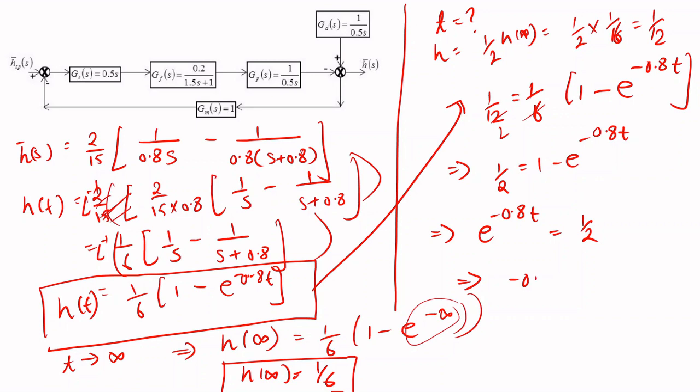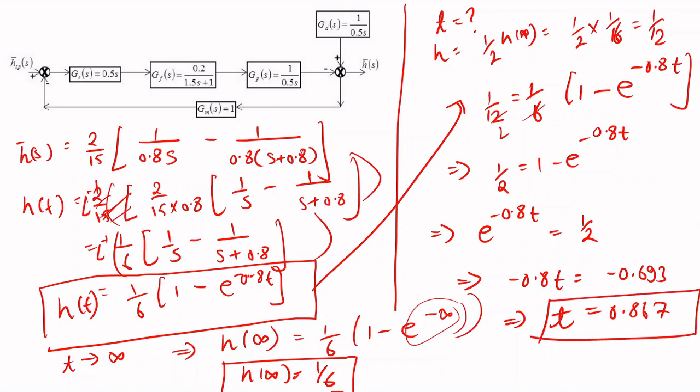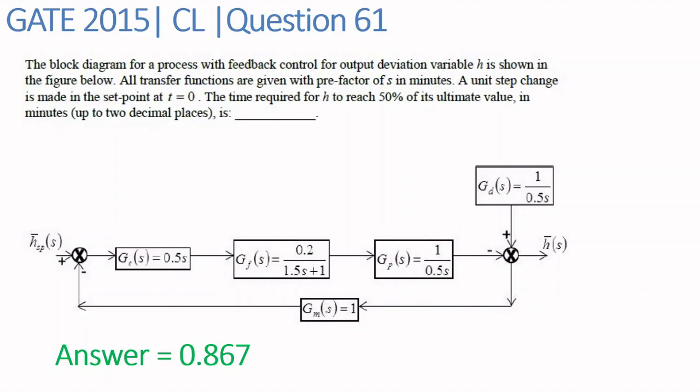So we can take log on both sides, and it will become minus 0.8t equal to minus 0.693, that is, t is equal to 0.693 divided by 0.8, which is 0.867. So the time taken by the system to reach 50% of the ultimate value, that is 1 by 12, will be 0.867 minutes. So we will write the final answer as 0.867.